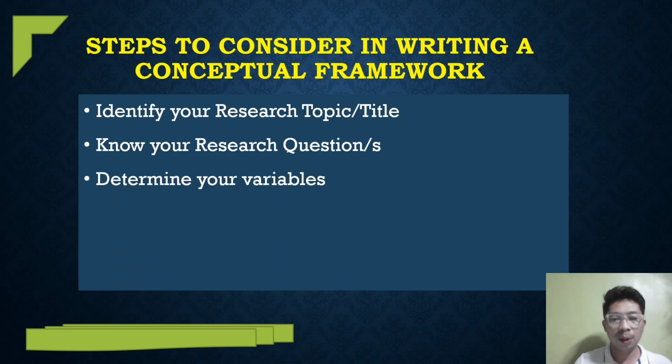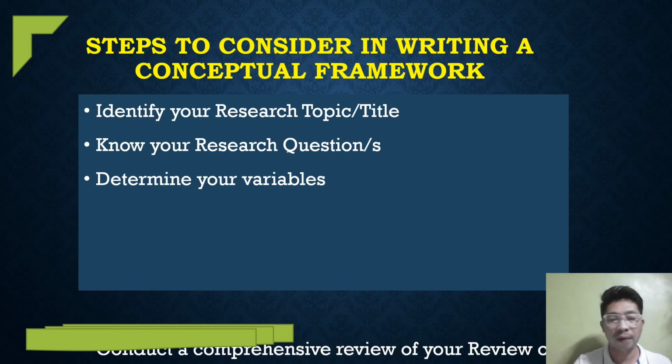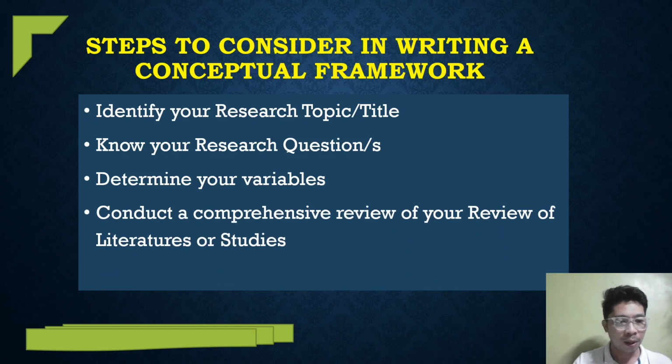Third, determine your variables. From the topic of the study, supported by our research questions, the variables are obviously seen. From our topic, together with our research questions, we have the presence of our variables. Fourth, conduct a comprehensive review of literatures or studies.